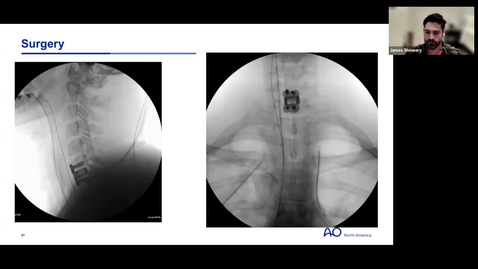Many of these people who present as a complete spinal cord injury, meaning that they have no motor or sensory function below the level of injury, will convert to an incomplete spinal cord injury. And any improvement, even in 1 or 2 myotomes, even in a little bit of sensation, is a major difference for them. So most major trauma centers tend to treat highly unstable cervical injuries, especially with any kind of spinal cord injury, on an emergent basis when possible.